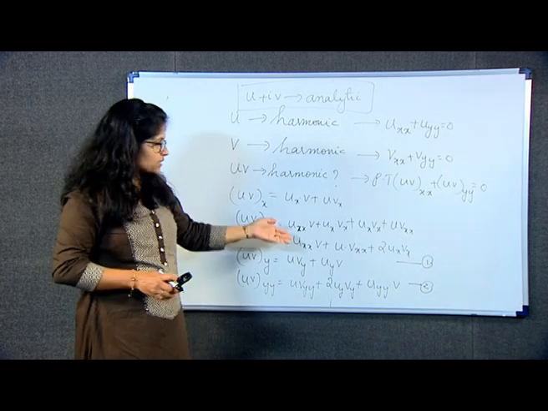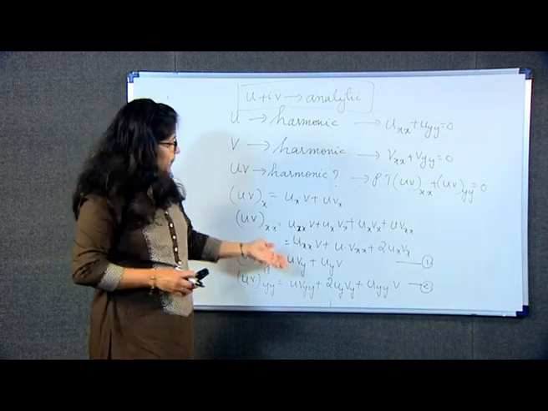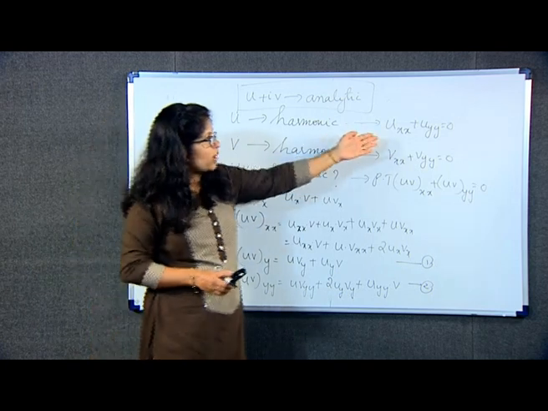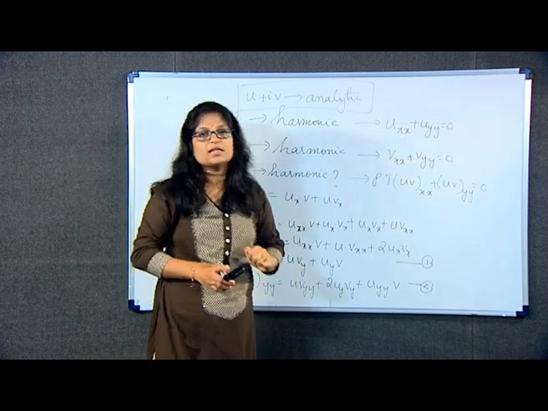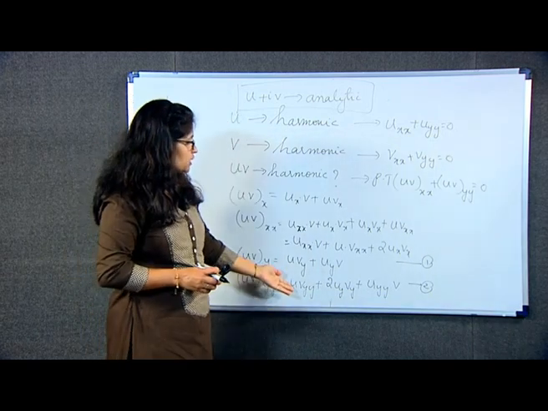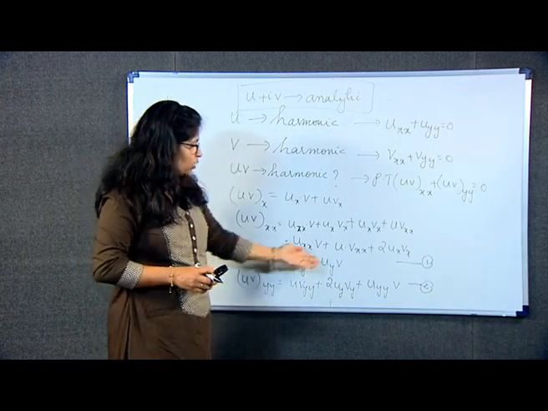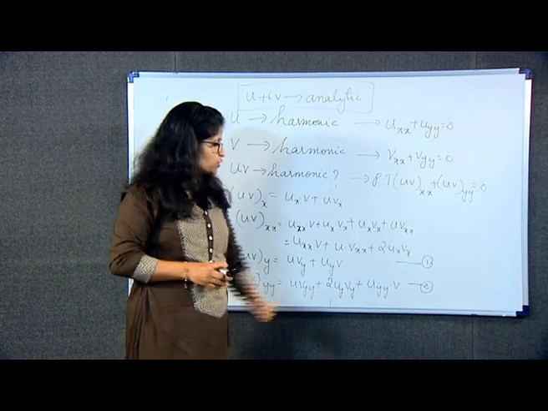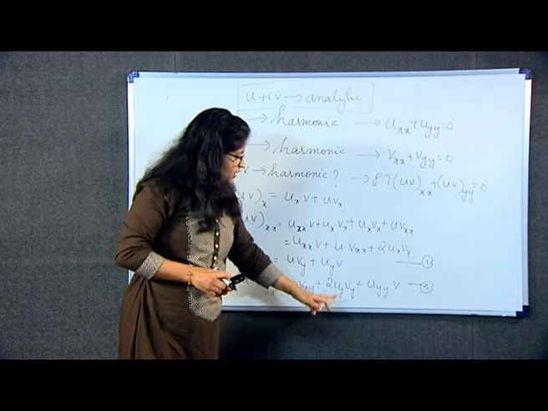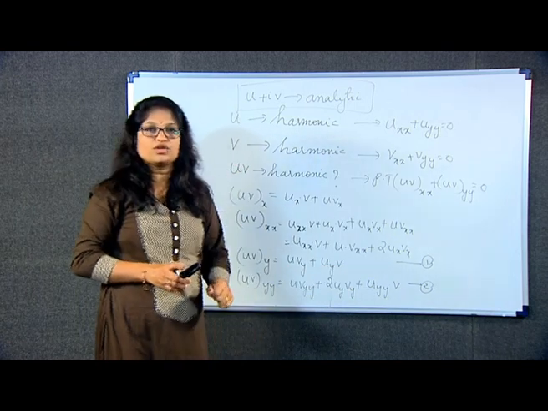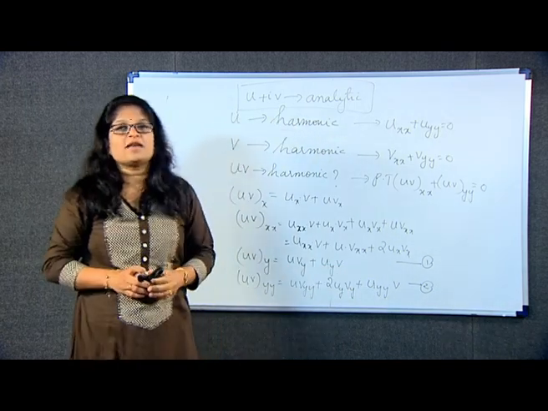What you can do is add these two equations. You know that u x x is nothing but minus u y y and v x x is nothing but minus v y y. If I substitute it here, when I add up these two equations this part becomes 0, whereas the 2 times u x v x and 2 times u y v y part becomes 0 because your function u plus iv is analytic.